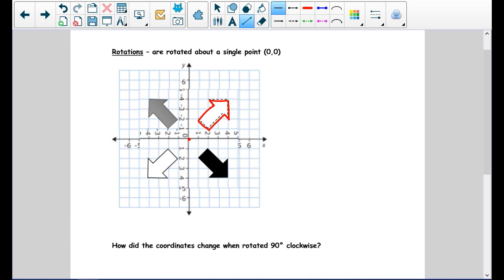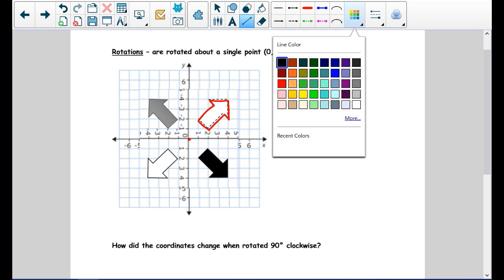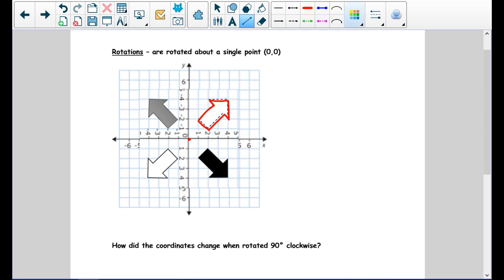Well, if I take a look at these points and I go from one point to the next, let's take a look from the very tips here. From this point to the rotation point, and then the rotation point to the new point, you can see this right here creates a 90-degree angle. Okay, so that's that 90-degree rotation.